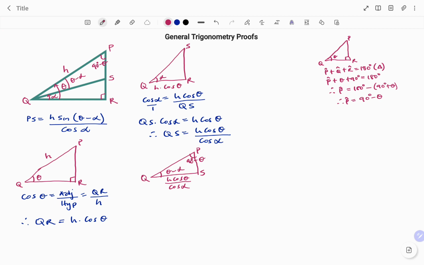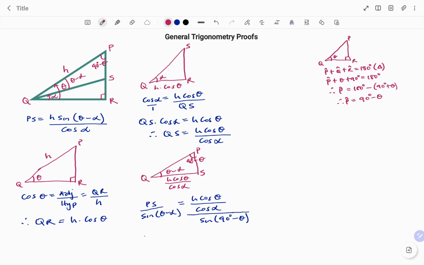Using my sine rule, I have my line PS over the sine of the opposite angle, which is sine theta minus alpha, equals, I have the side h cos theta over cos alpha all over the sine of the angle opposite, that's 90 degrees minus theta.